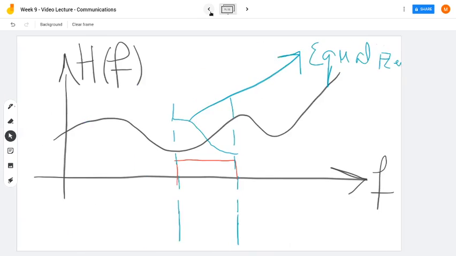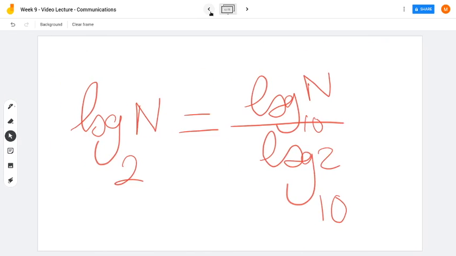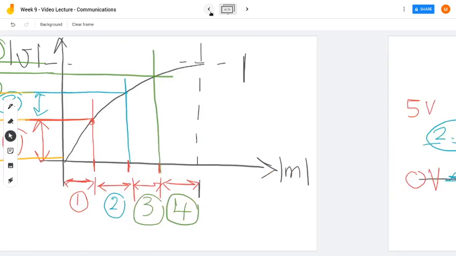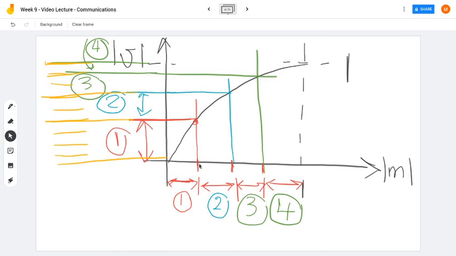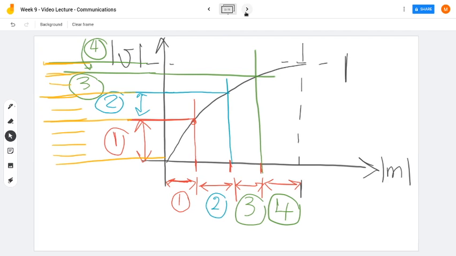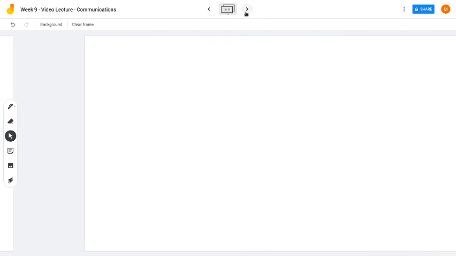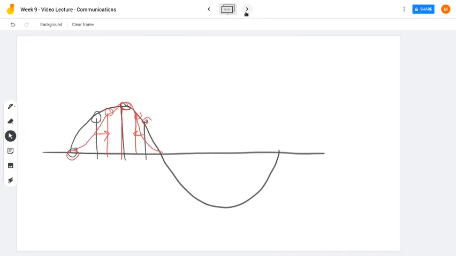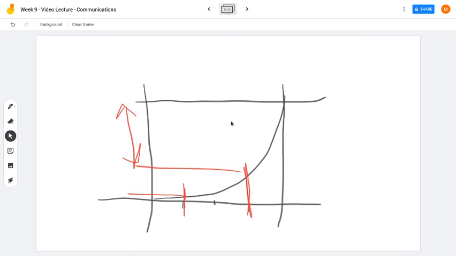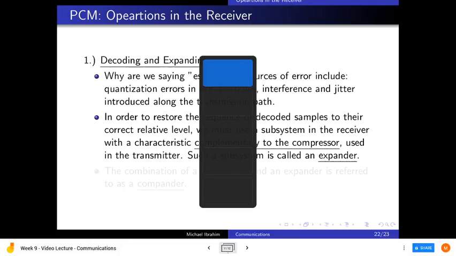If you go back to the compression law we have seen, this is a compression circuit. The larger amplitudes are compressed into smaller ranges of amplitude, whereas here in the expanding circuit, the larger amplitudes are being expanded into a larger amplitude range.